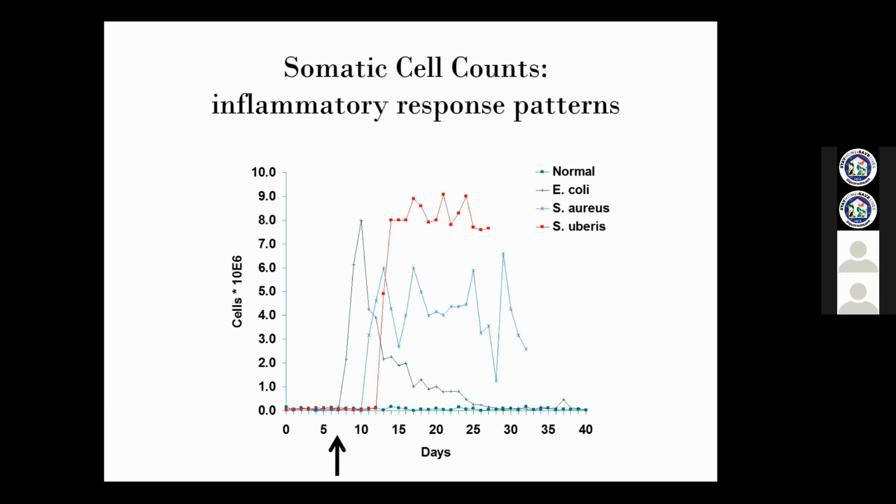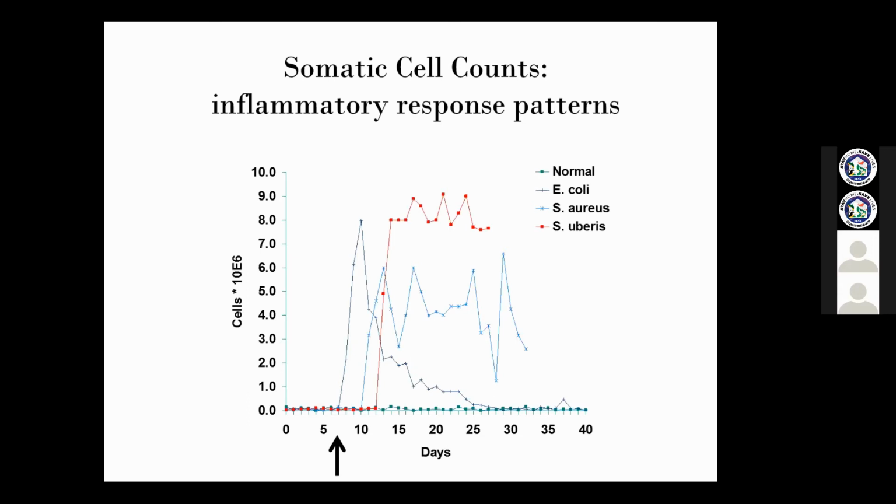And you can see this is in days. It can take 10 days plus with still very high counts, even if it's not a per-acute situation, where we cannot use the milk in the bulk tank. If you look at aureus, it's the blue line. You can see it goes up, it remains high, because most of the time this will become a chronic infection.